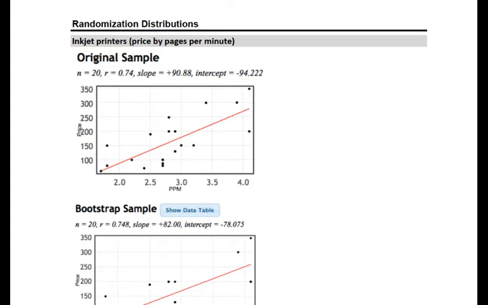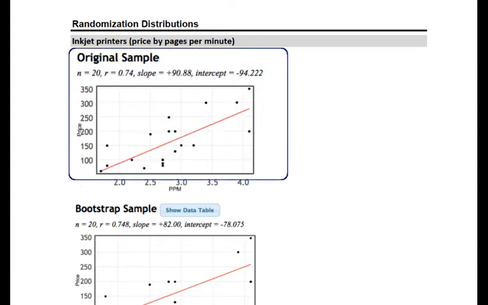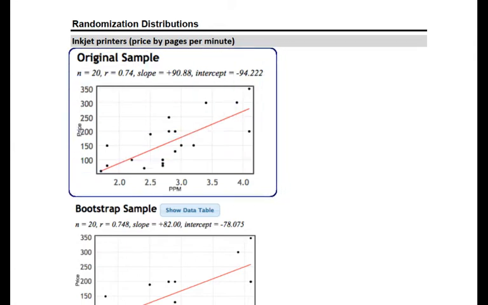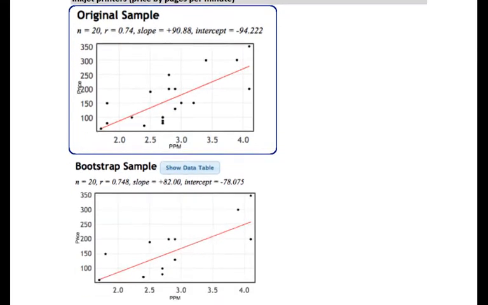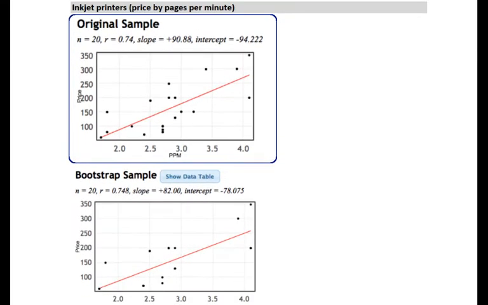So if we take a look at this example here, our original sample is given, and this is two quantitative variables. So we see this with a scatter plot and a regression line drawn. A bootstrap sample, recall, is not going to have any points on it that aren't on the original, but it may have a few missing because it might have duplicates of some of them.